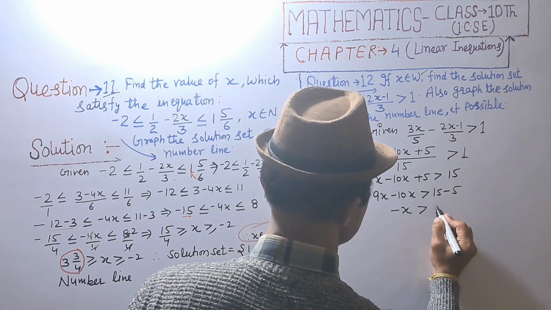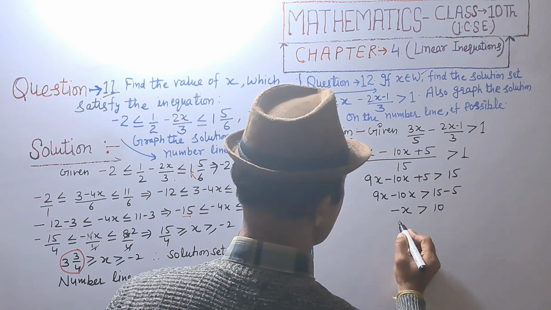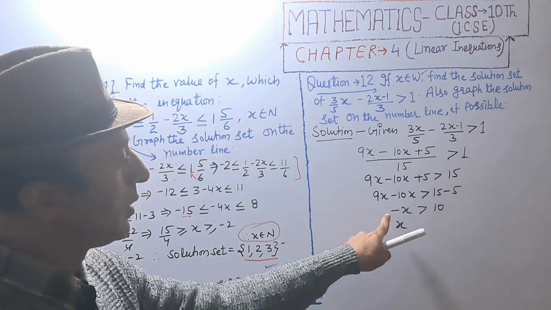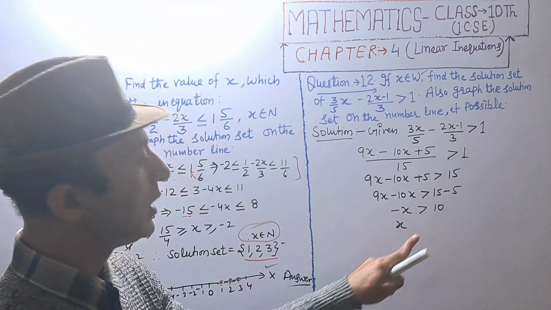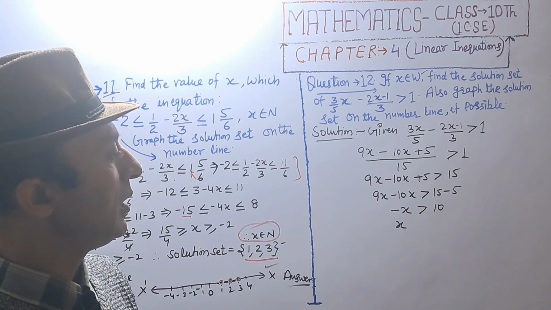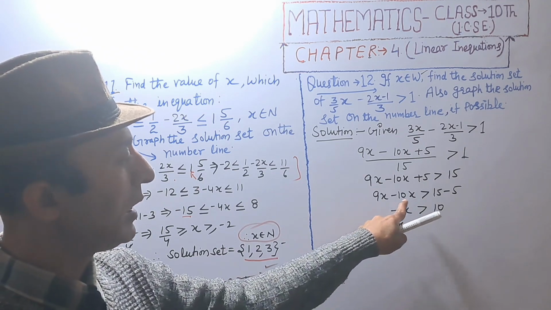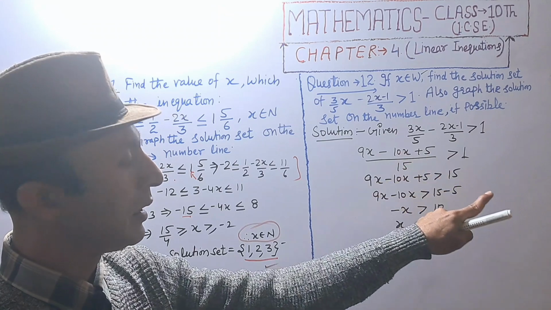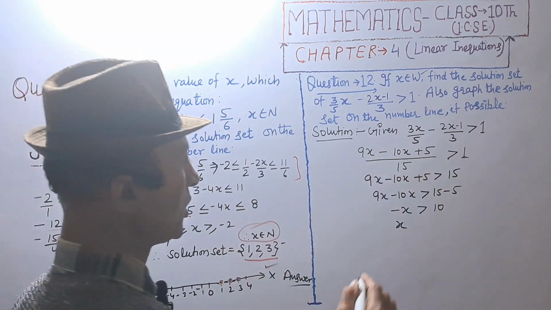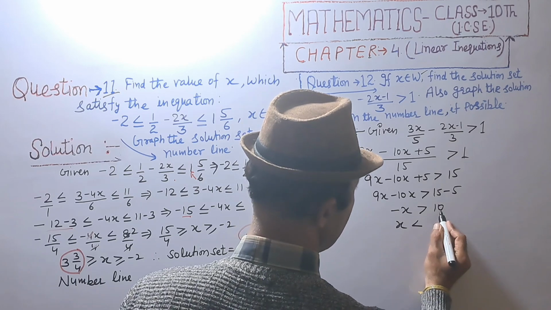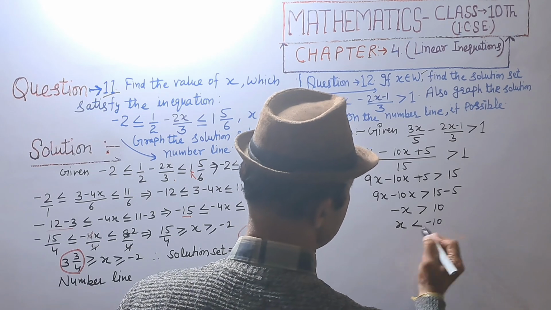-x > 10. We multiply this inequation by -1, so x becomes positive, greater than becomes less than, and positive 10 becomes negative 10.